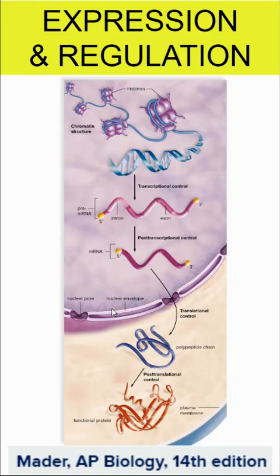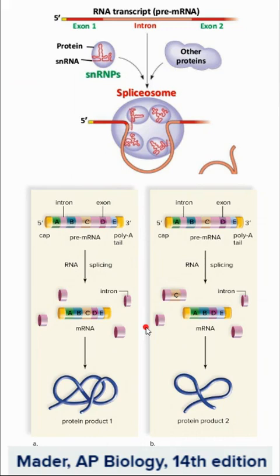functions. Now, as we talk about all this expression and regulation, we spend a lot of time talking about turning on the gene at the transcriptional level, talking about our promoters and our repressors and everything like that. However, there are many other regulation levels to this, and a lot of them involve small RNA.